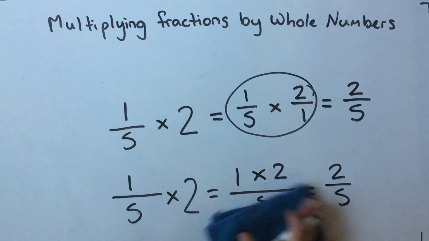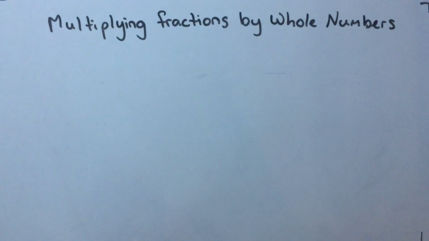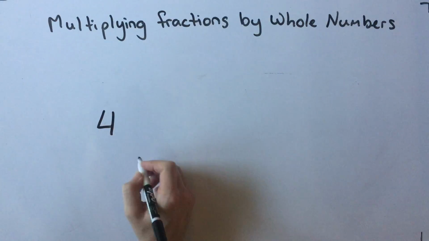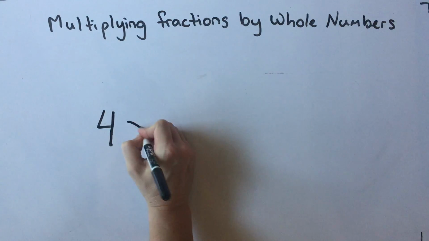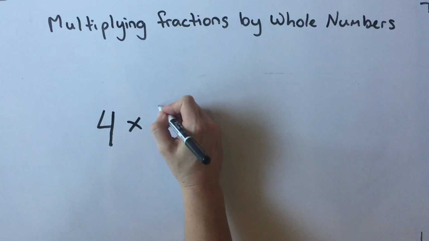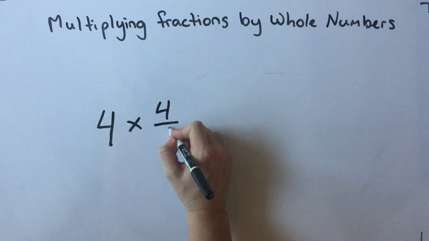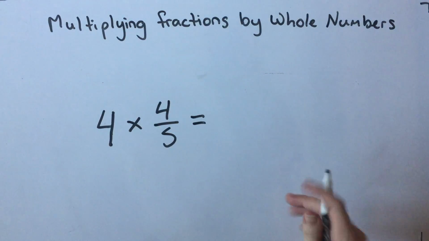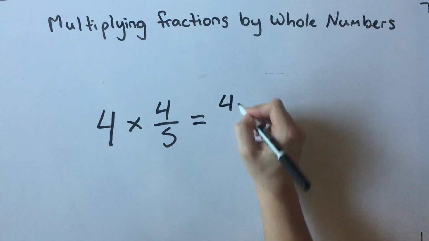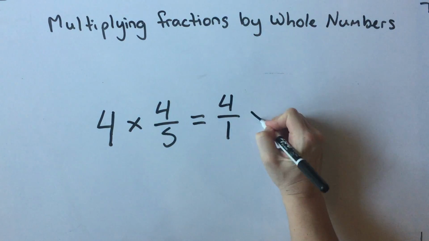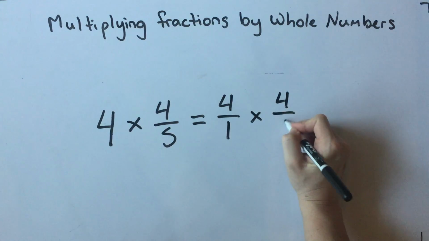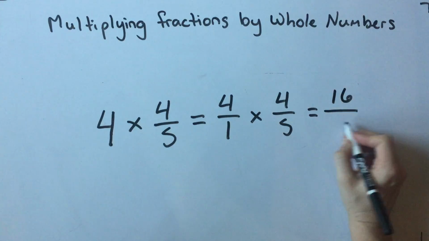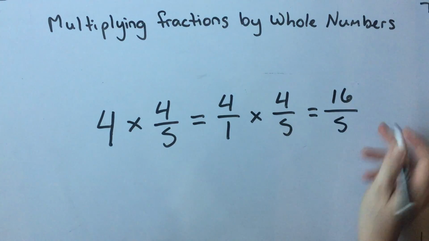All right, one last round. Okay, so we'll switch it and do it backwards this time. 4 is going to be my big number times 4/5. Can I make it happen the same way? Sure, why not? So remember, I've got 4 over 1 times 4/5. 4 times 4, 16. 1 times 5, well, 5.